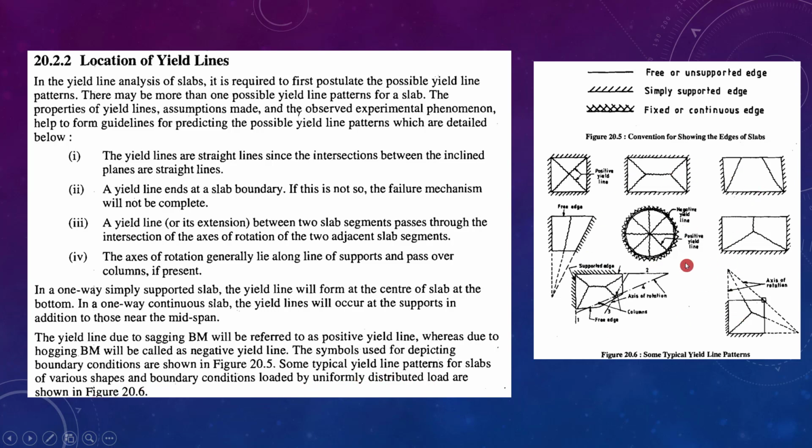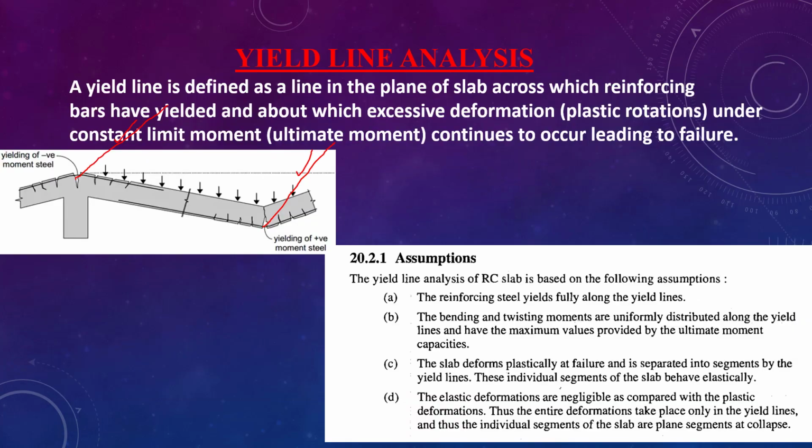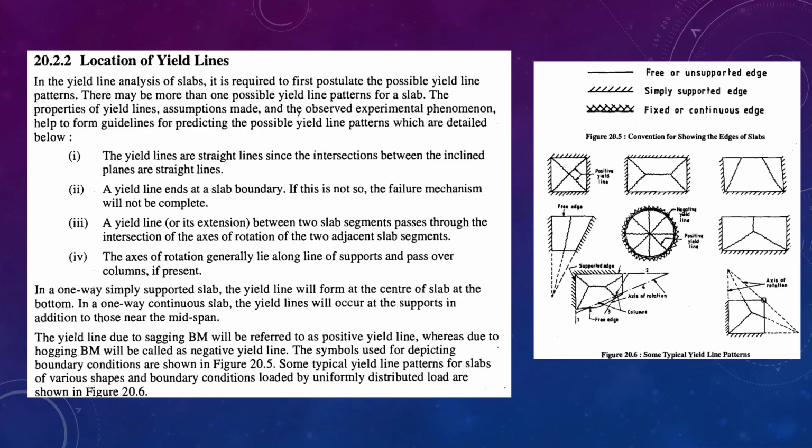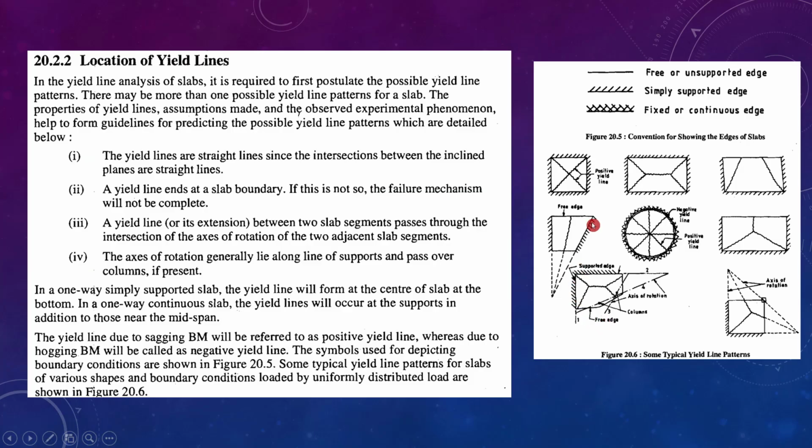So these are the possible or very commonly occurring yield behaviors for the various slab conditions. Now we understood what a yield line is, and we know that the yield line always forms at the points of highest bending moment, either negative or positive. We also covered how to locate the yield line, the conditions and the assumptions for it.